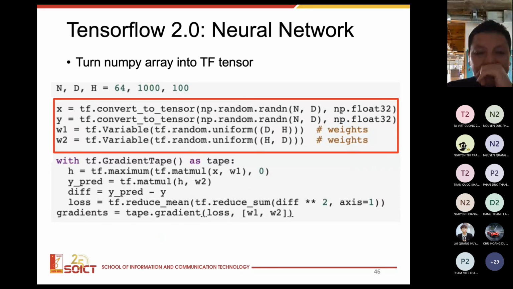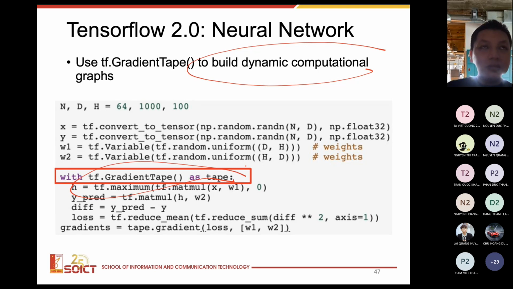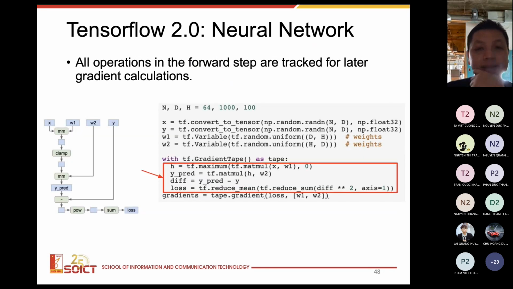Okay, so this is some specific discussion on the TensorFlow framework. You can turn a NumPy array into a TensorFlow tensor, convert to tensor operation, and this is a way to build the dynamic computation graph. You use tf.GradientTape, right, to record the computational flow, and use that flow to do the gradient backpropagation.